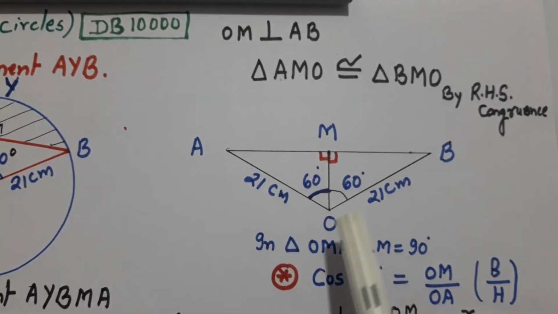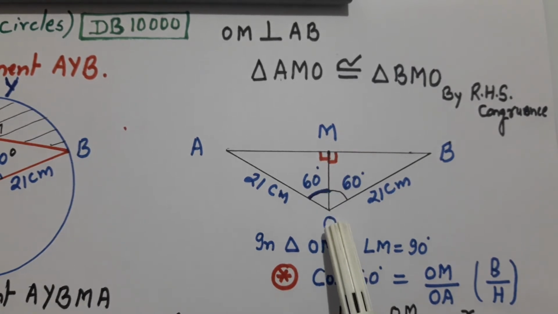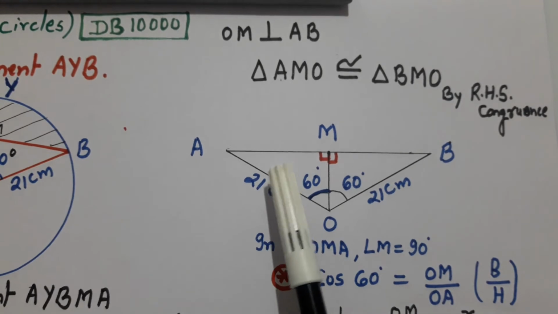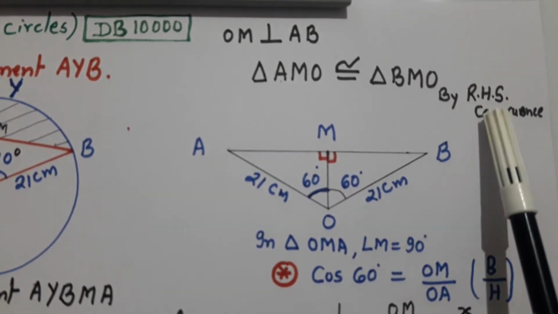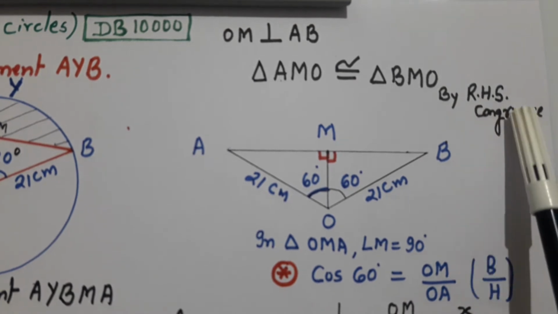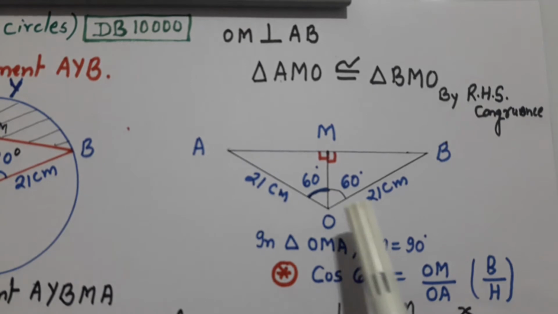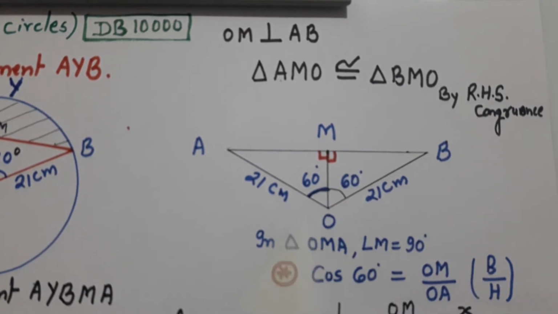Then these two triangles, AMO and BMO, are congruent by RHS, right angle hypotenuse side. The right angles are equal, the hypotenuses are equal, and side OM is common.